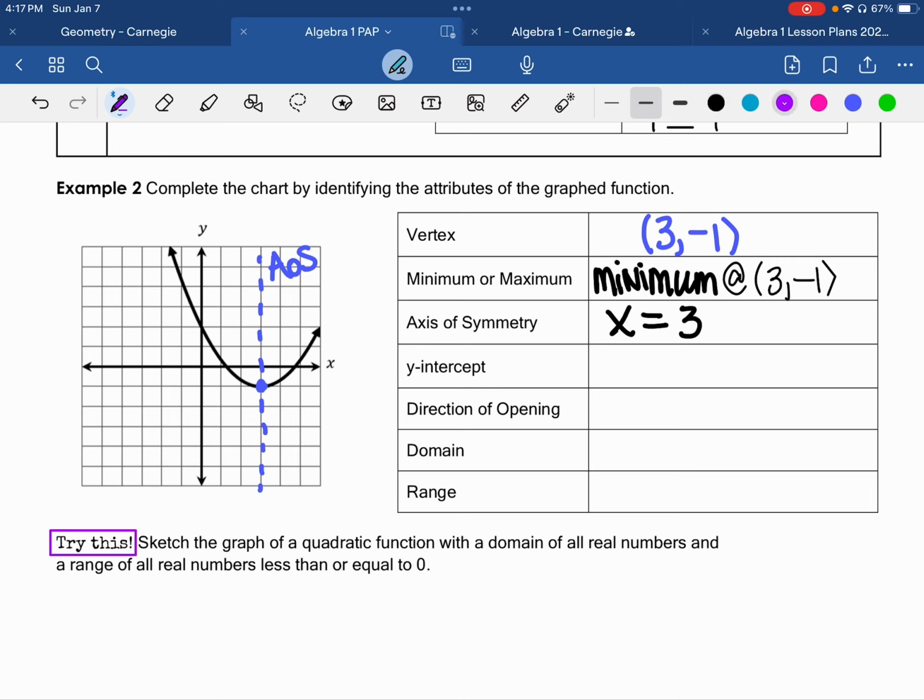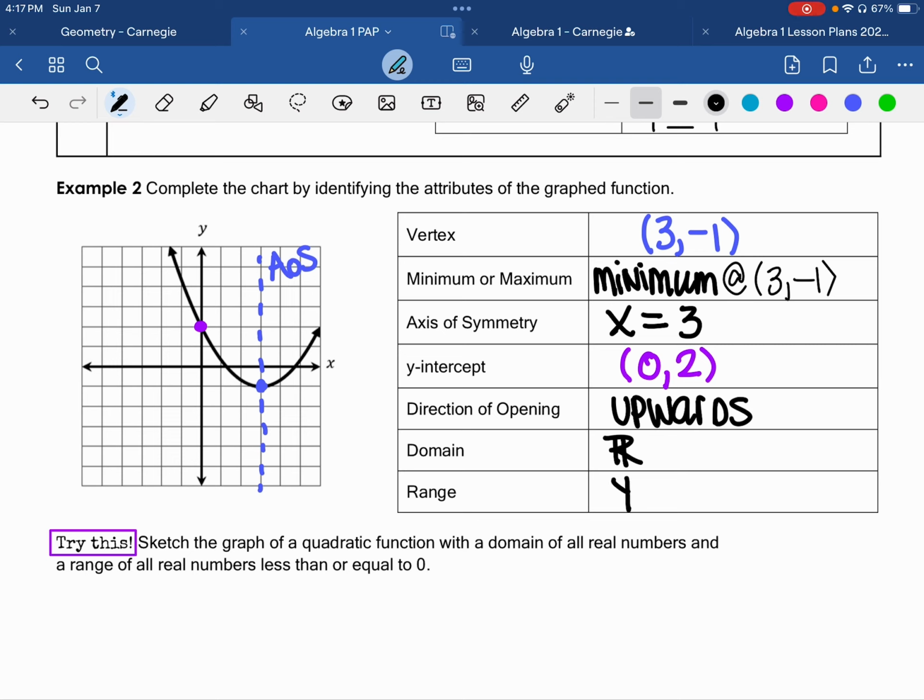My y-intercept is going to be this point right here, which if I just use my ordered pairs, it is at 0, 2. As I look at my graph, I can see that the direction of the opening is upwards. My domain will be all real numbers. I'm not even going to write it out this time. And my range will be y.